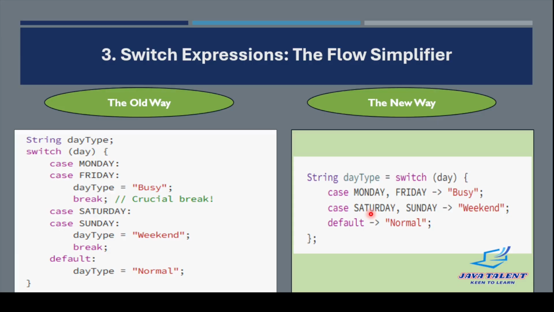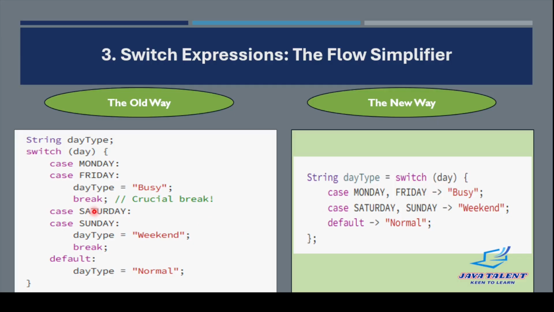Coming to the third topic, which is switch expressions. The flow is simpler now. With traditional switch statements, if you remember, there were subtle bugs due to accidental fall-through, and they were statements. You could assign the result to a variable, but switch expressions fix this by guaranteeing a result and using the arrow syntax. Okay, so if you see here, this arrow syntax eliminates the need for the break statement.